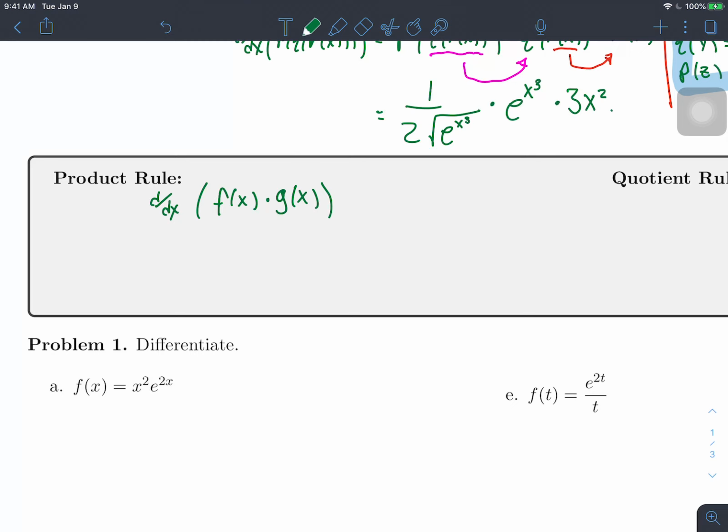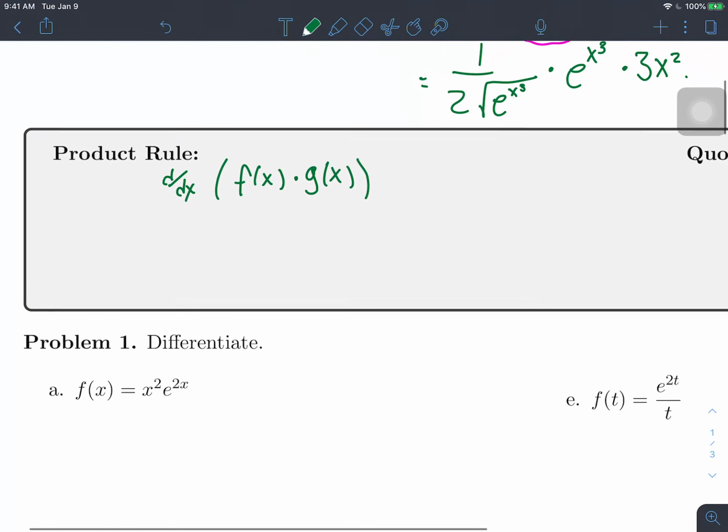What would be really nice would be if this derivative was just, well, you take the derivative of f and multiply by the derivative of g. That would be convenient. And that's the sort of rule that we have for sums of derivatives or multiplication by a constant, right? But in this case, we don't actually have that nice property.